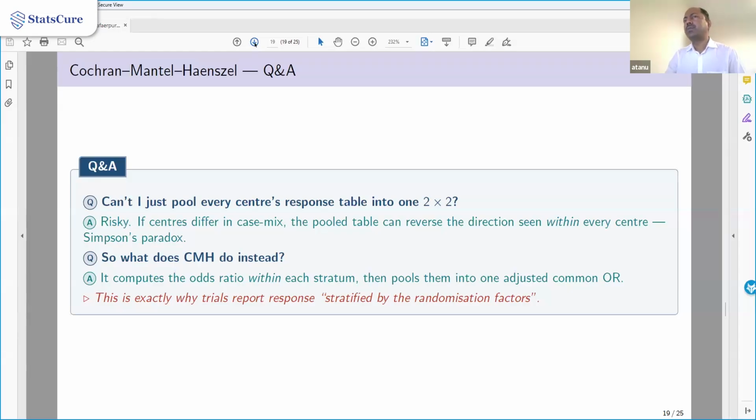So, can't I just pool every center's response table 2x2? It is risky. If centers differ in case mix, the pooled table can reverse the direction, and then Simpson's paradox occurs. So CMH computes the odds ratio within each stratum, then pools them into one adjusted common odds ratio.